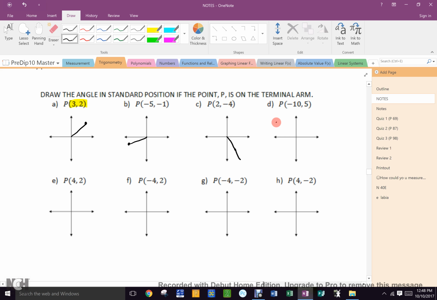Out 10, up 5. Where would this one be? Out 4, up 2. This one? Left 4, up 2. This one? Left 4, down 2. And this one? Right 4, down 2.